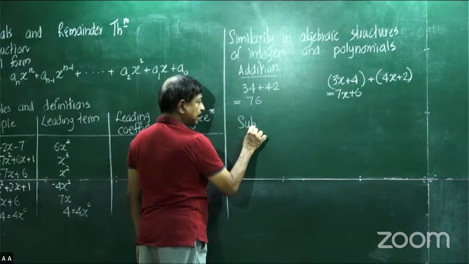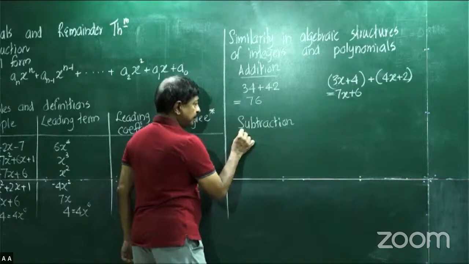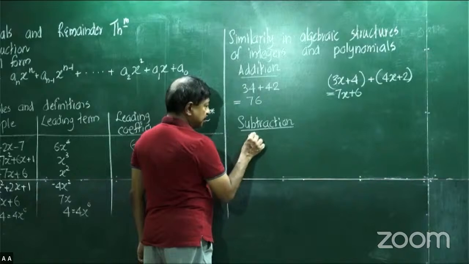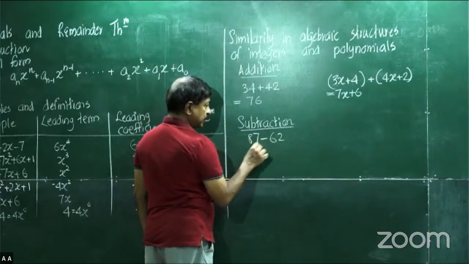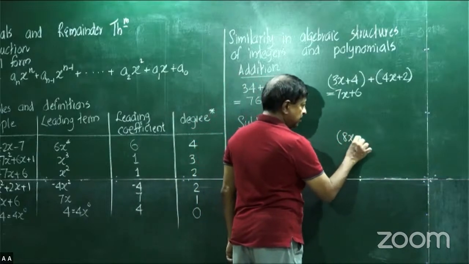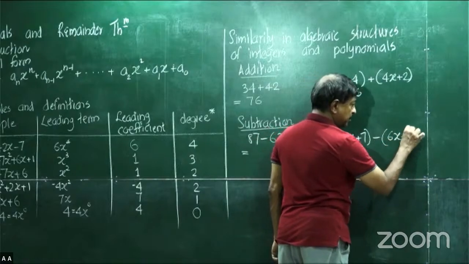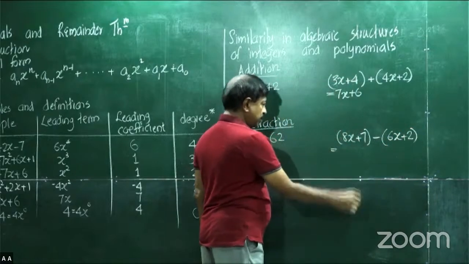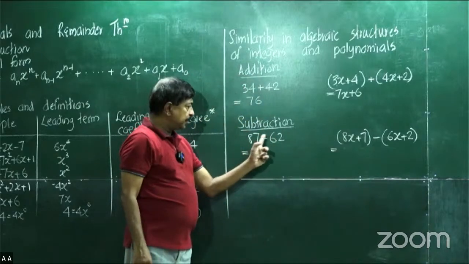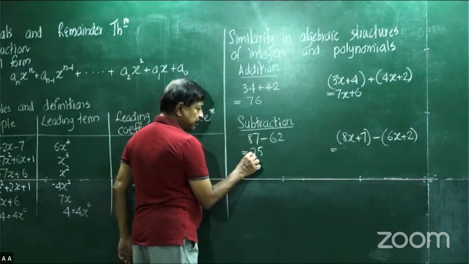Subtraction. Right. So when you subtract numbers, I'll write the similar polynomials. Look, 87 minus 62. 7 minus 2 is 5. 8 minus 6 is 2.